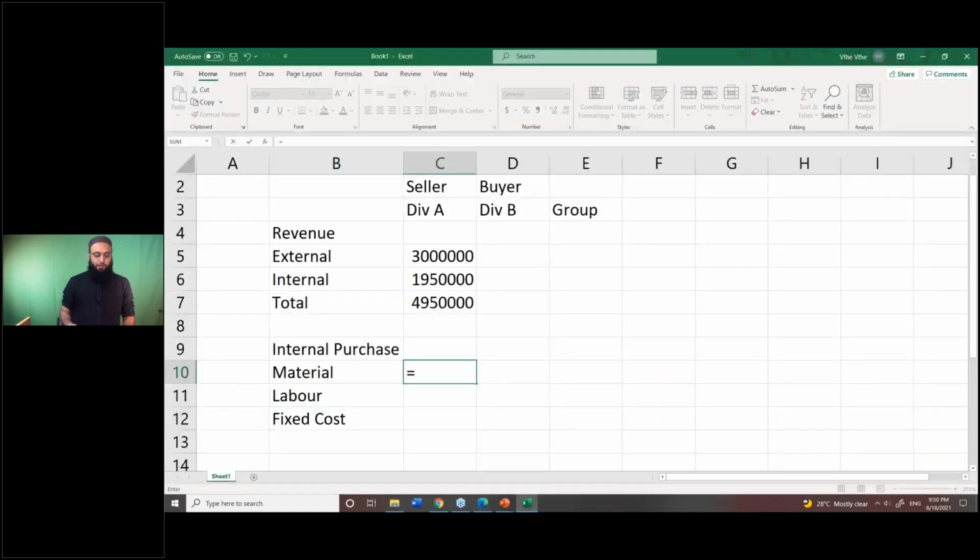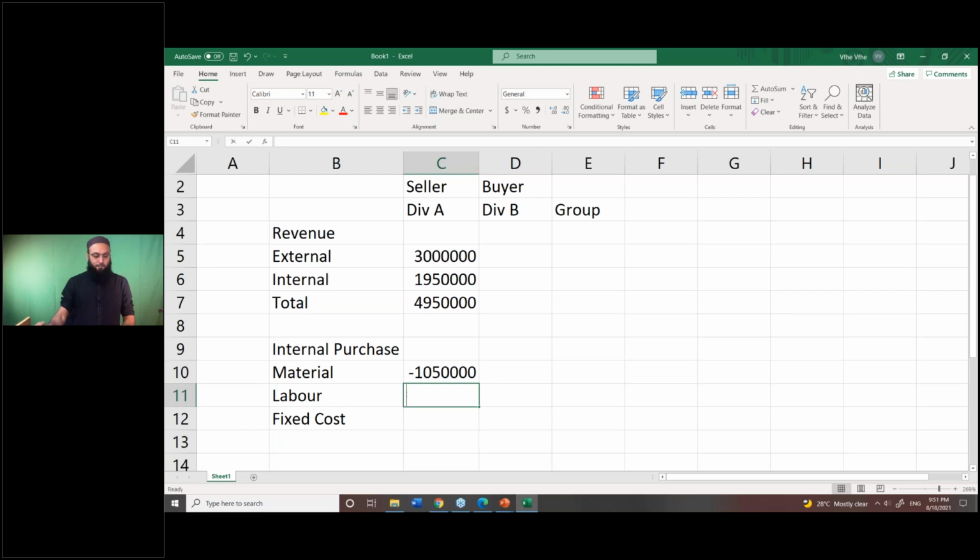So is equals to, use a negative sign deliberately, 3 multiplied by 350,000. Okay. Is equals to 4 multiplied by 350,000.